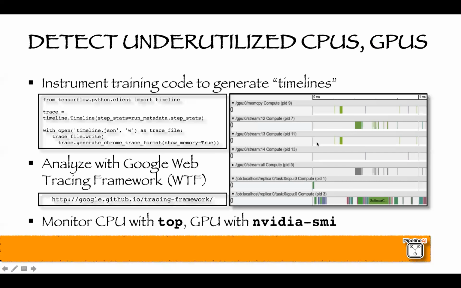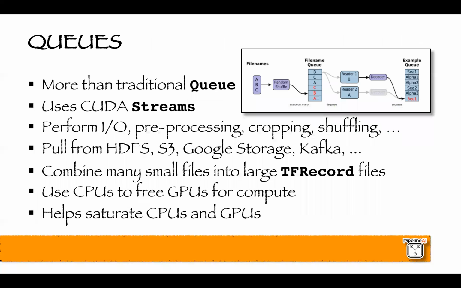We see stream 13 is doing that memcopy, and there's some other stuff going on in different streams. So that's where TensorFlow is. TensorFlow is 3 or 4 layers above the GPU, but this is where we could see operations that are using the GPU.